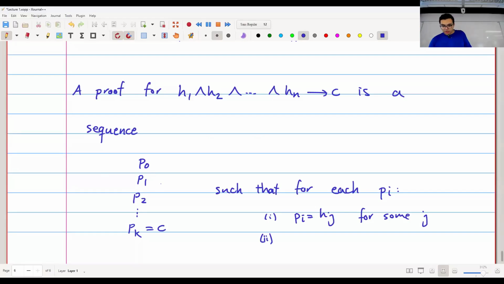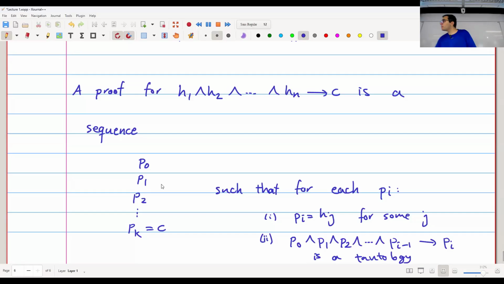So P0 and P1 and P2, so on to Pi minus 1 imply Pi, and this should be a tautology. This is what I call a proof.